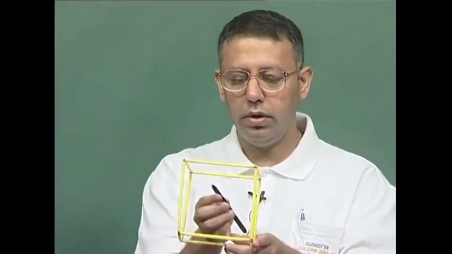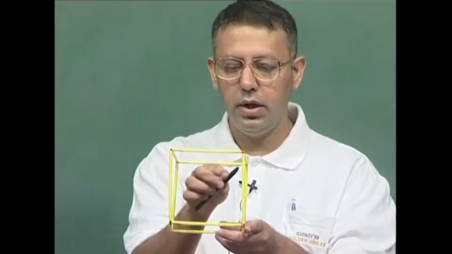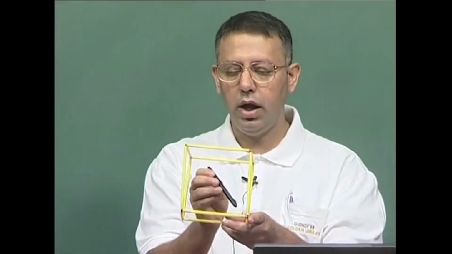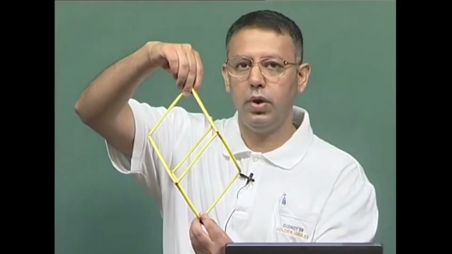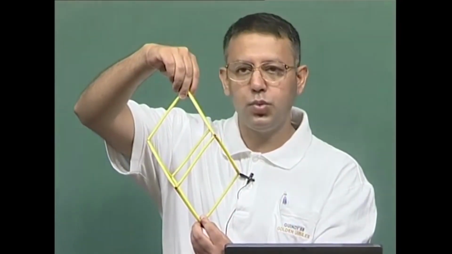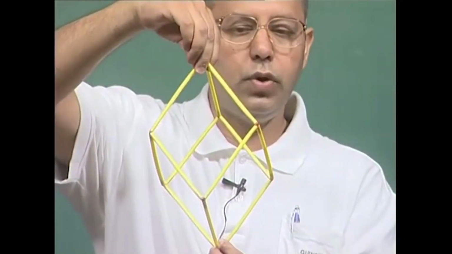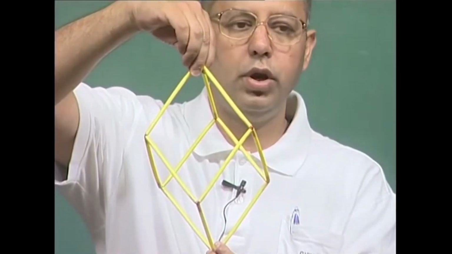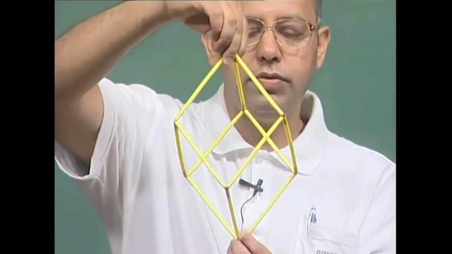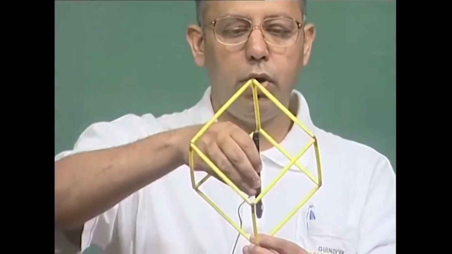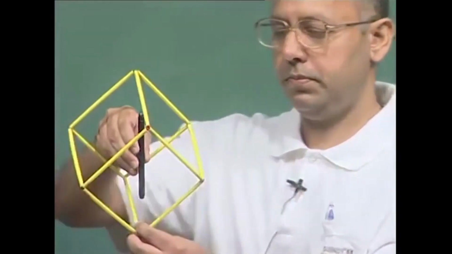So, if I look along this, there is one threefold like this body diagonal, this body diagonal, and the fourth body diagonal, which is also a threefold axis. But once I distort it by pulling along this direction, which I have done now, then I can clearly see there is just one threefold axis, that threefold axis being the axis along which I pulled the original cube. All the other threefold axes have been destroyed, and now I have only one threefold axis, which is along this body diagonal which I pulled.